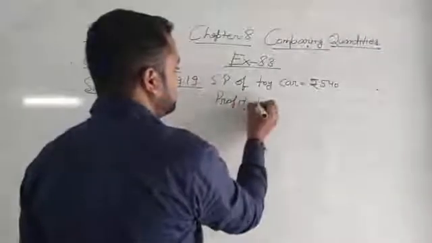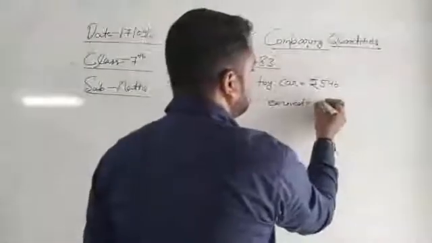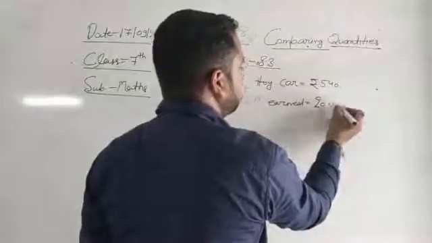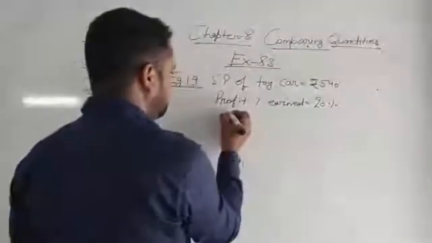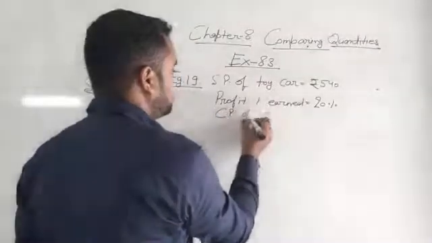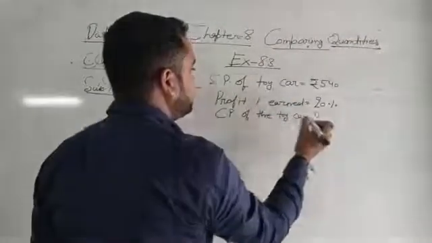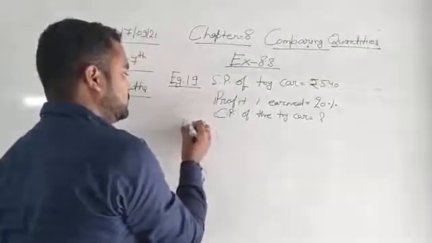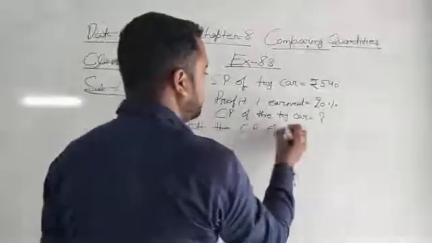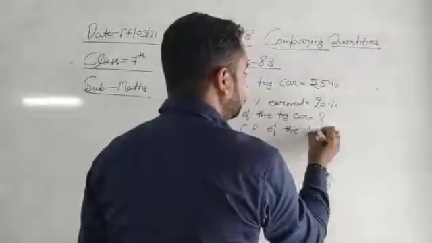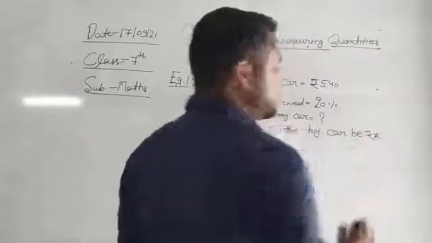Profit percent is 20%, profit earned by the shopkeeper, and you have to find the cost price of the toy car. So first, let the cost price of the toy car be rupees X.